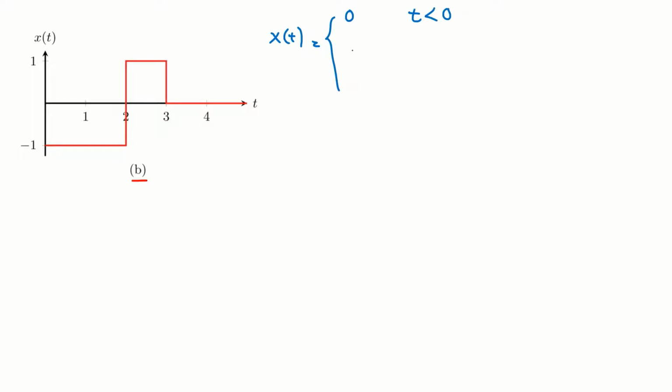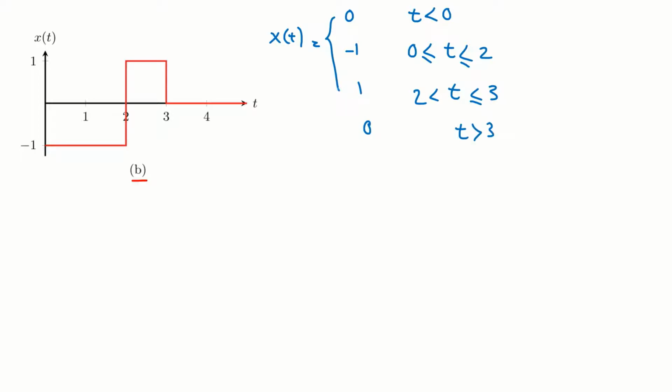The value of the signal is minus 1 if t is between 0 and 2. The value of the signal is 1 if t is between 2 and 3. And the value of the signal is 0 if t is larger than 3.